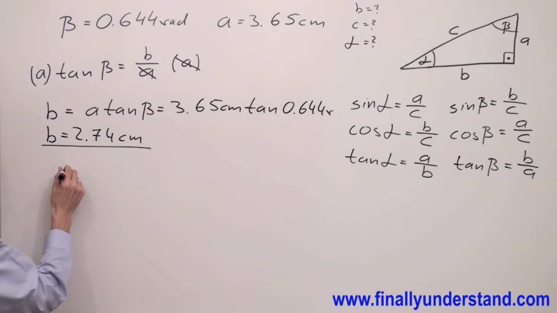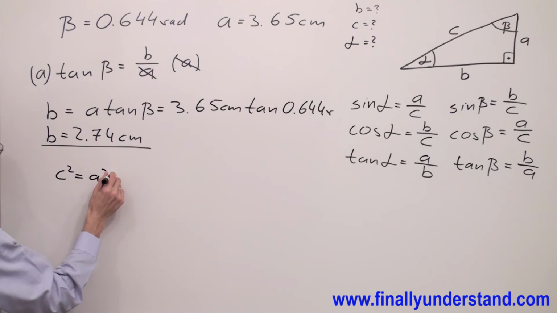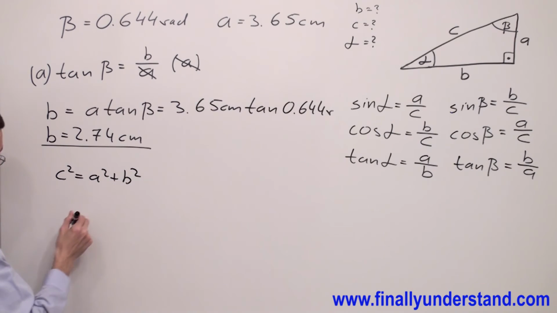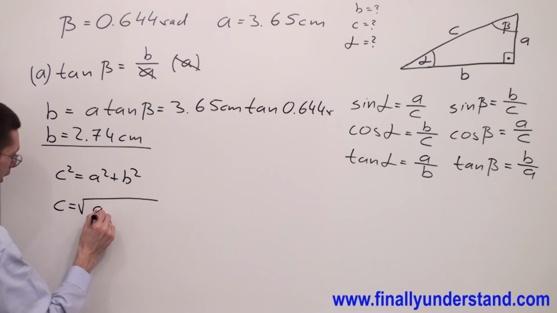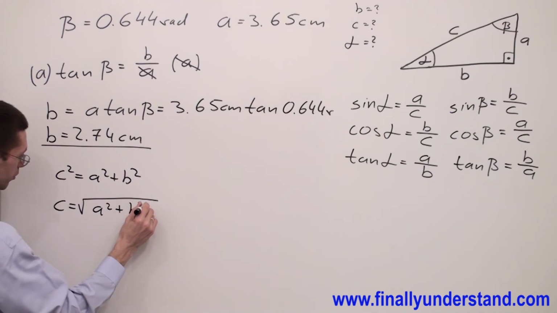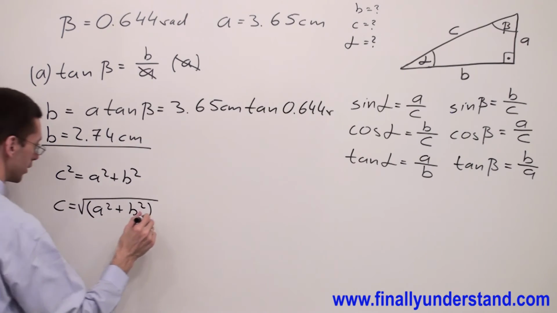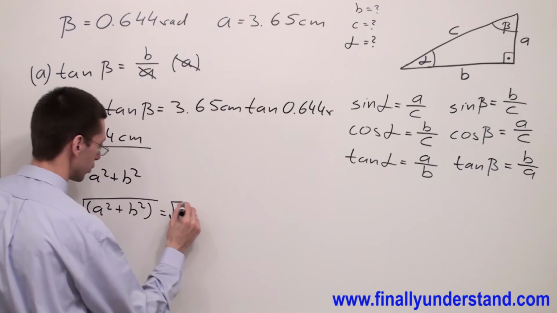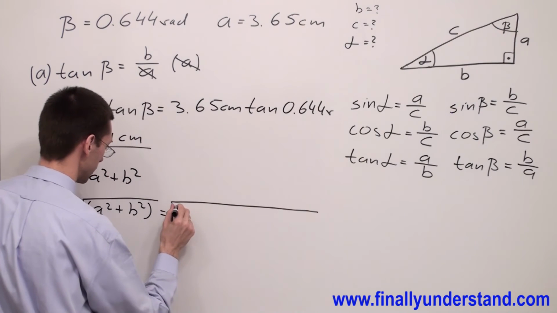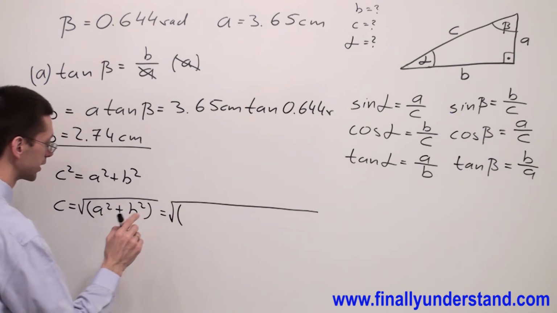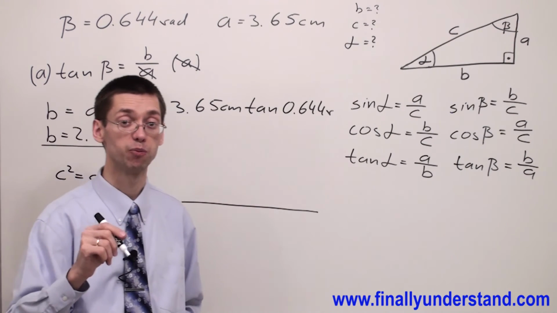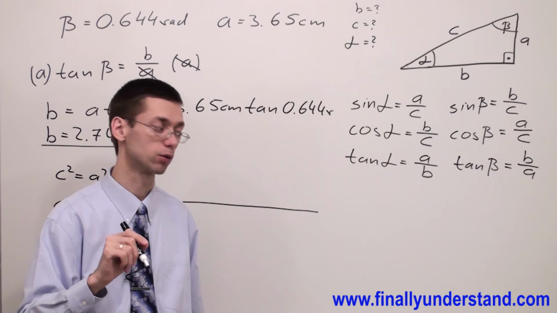We have C squared is equal to A squared plus B squared. So C is equal to the square root of A squared plus B squared, which is equal to the square root of, open parenthesis. Don't forget about parentheses. Parentheses are very important, especially when you use the calculator, okay?